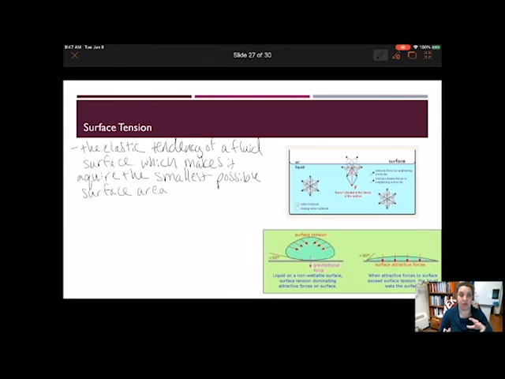For instance, if you've ever seen, water will kind of bead up on itself. Specifically, if we make a water droplet, the shape of it is due to surface tension. So this surface tension itself is an imbalance in intermolecular forces.